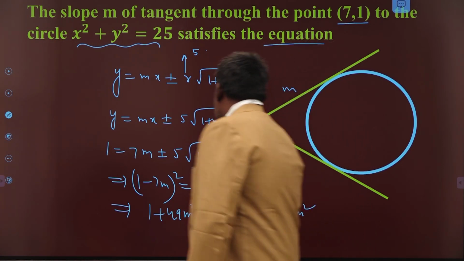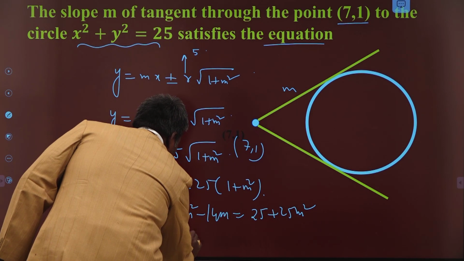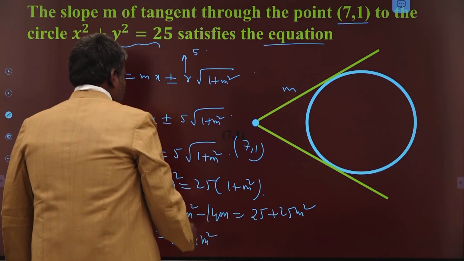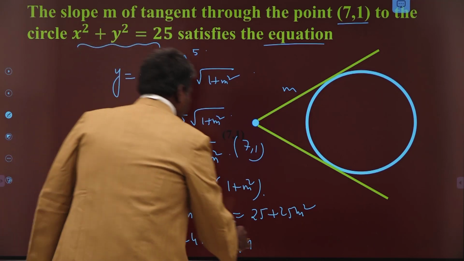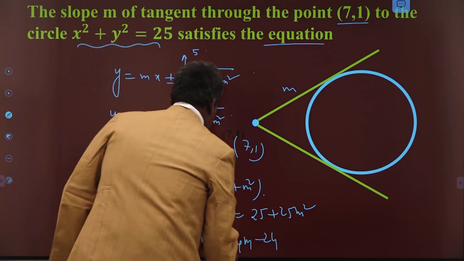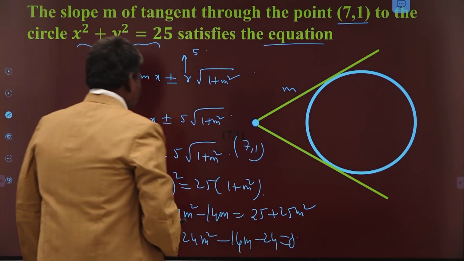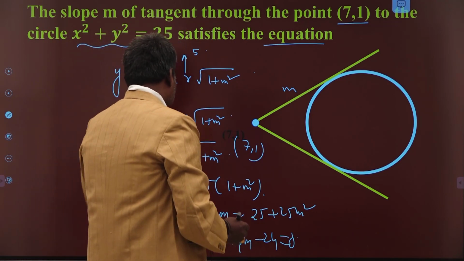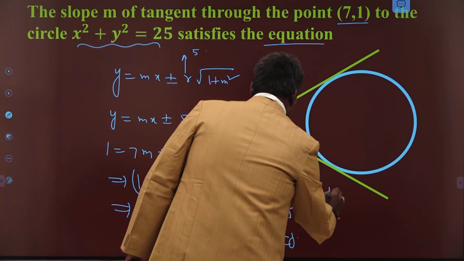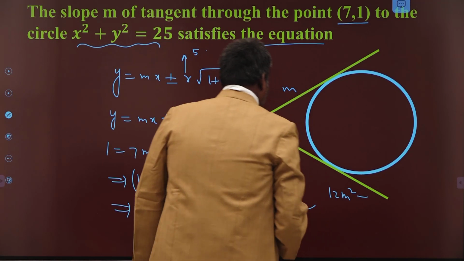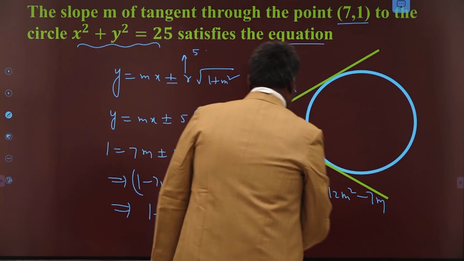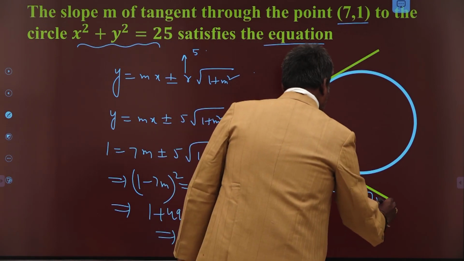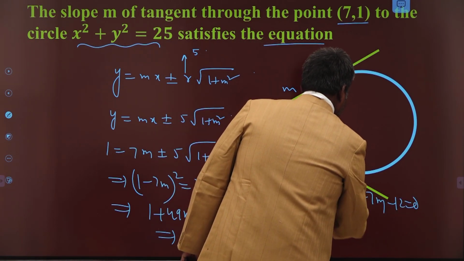So 24m square minus 14m minus 24 equal to 0. You can cancel out 2 on both sides, that is 12m square minus 7m minus 12 equal to 0.